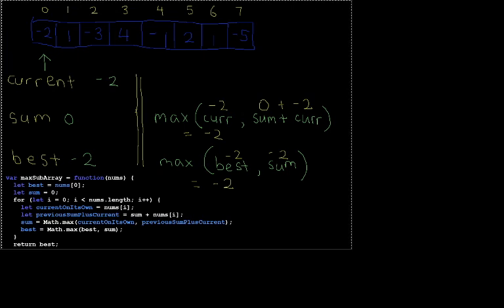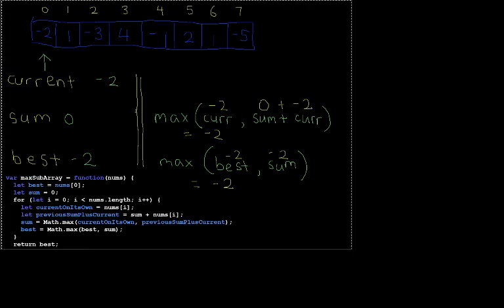In this case you will end up with a value of -2, because you either have -2 or 0 minus 2. And the best that you could come up with so far is also just -2, as you can see right here.